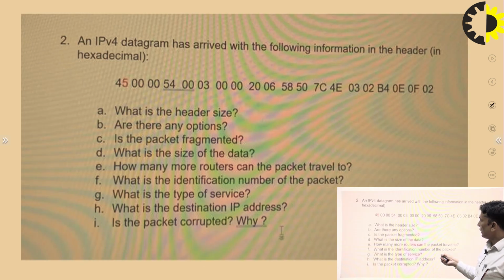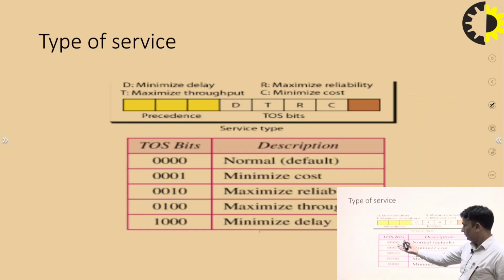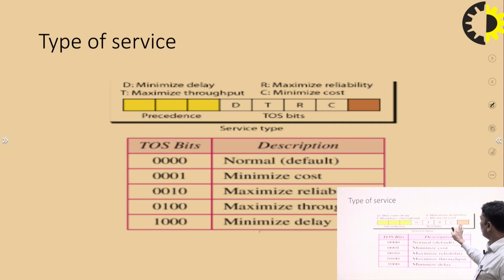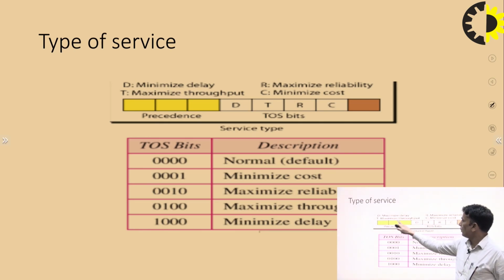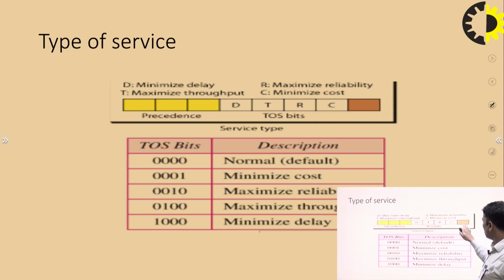So, these are the types of services. This is the 8 bits: 1, 2, 3, 4, 5, 6, 7, 8. The first 3 bits are reserved and not used, and the last one is also not in use. These are the 4 fields that may contain some information.